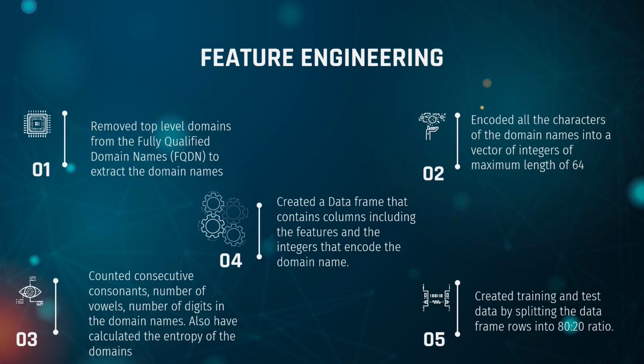We also have calculated the entropy of the domains to see how much total information the domain name contains. Then we have created a data frame that contains columns including the features and the integers that encode the domain name. Finally, we have created training and test data by splitting the data frame rows into an 80-20 ratio.